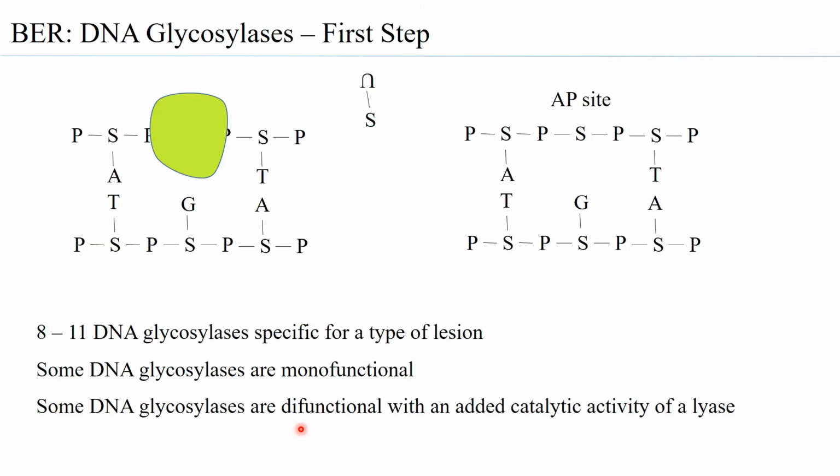Understandingly, because of the presence of lyase, the lyase is able to cleave this bond, and because it is able to cleave the bond, a 3' OH group is formed over here and a 5' phosphate. So there is a nick that has been created because of the breaking of the bond. So sorry, it is not this bond, it is basically this bond. So this is what is going to happen.